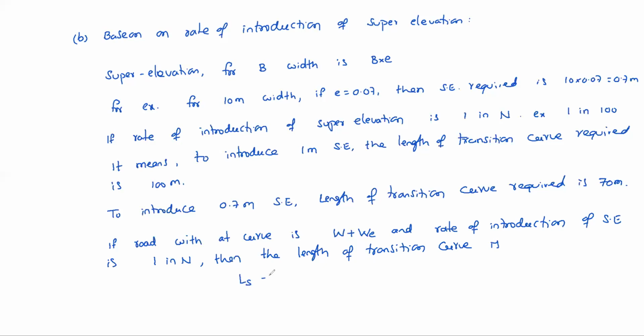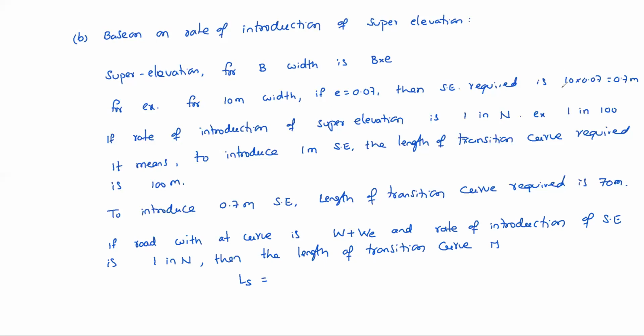LS equal to, you see what we did here: 10 into 0.07, we got 0.7 meters. That 0.7 into 100, we got 70 meters. So we are multiplying width and superelevation, and again multiplying with n, then only we get the length.